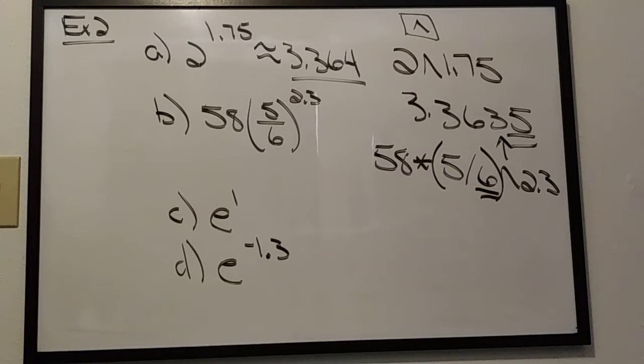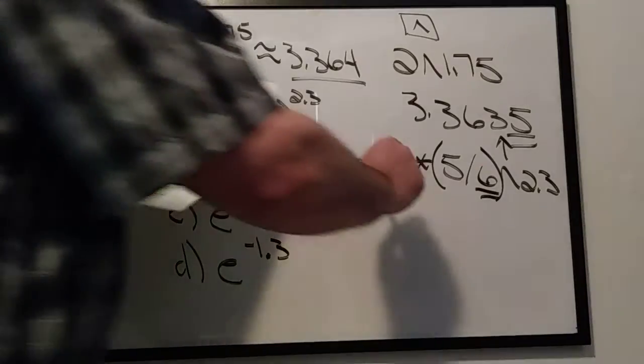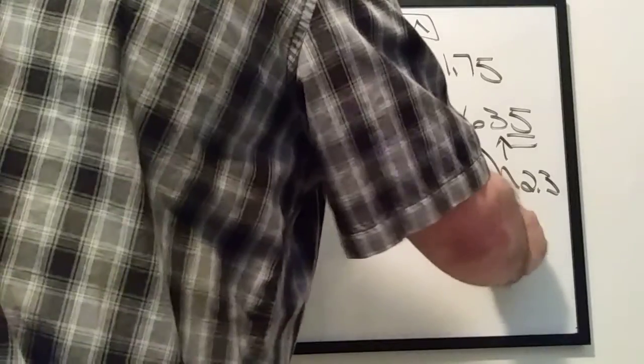So now, on this one, with the parentheses in place, your calculator will correctly come in and start by dividing the 5 by the 6, then take that answer to the exponent of 2.3, and then come back and multiply that times 58. So if we do this using the order of operations, we should end up getting an answer on the calculator screen of 38.1338.